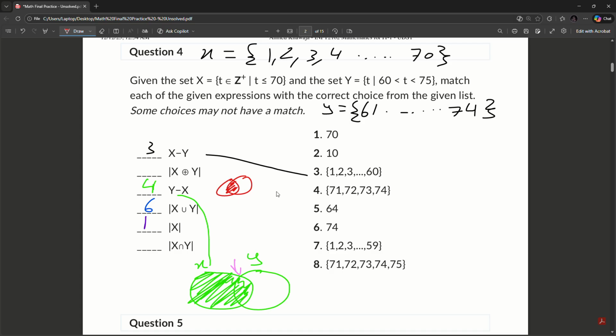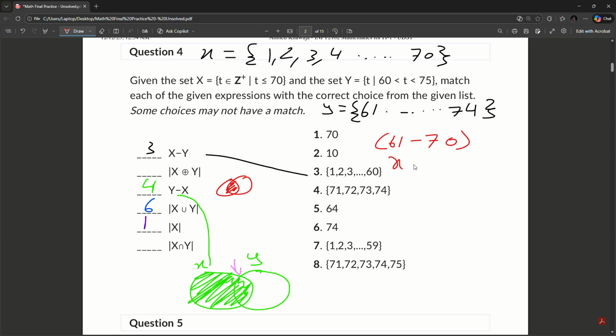Okay, the best way for me to illustrate this: 61 to 70 would be removed, so they're only left between both sets. Imagine you put everything into a Venn diagram and you take out the common, which is 61 to 70.